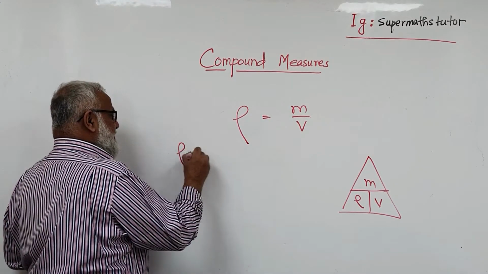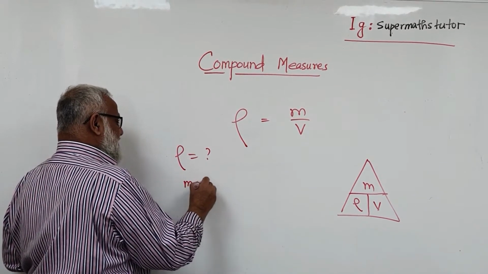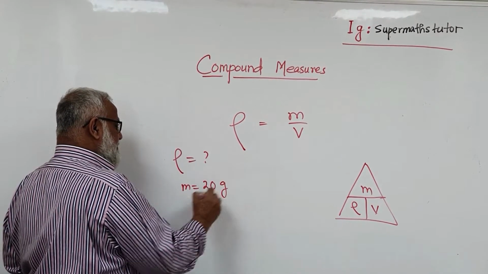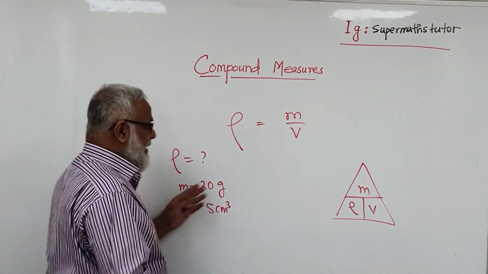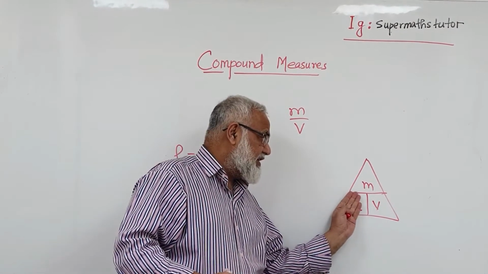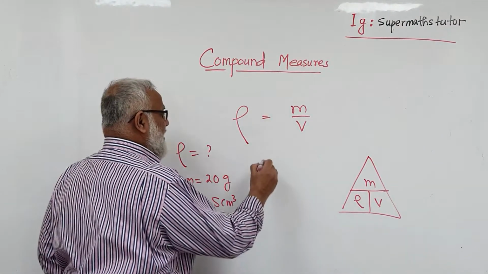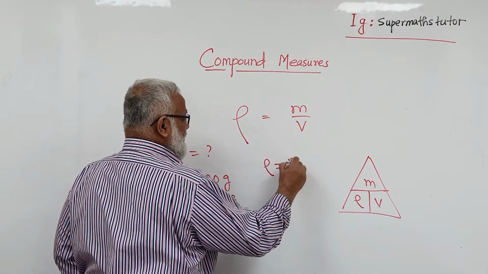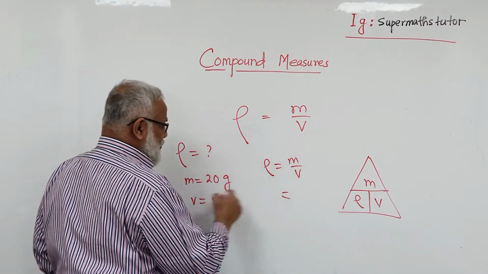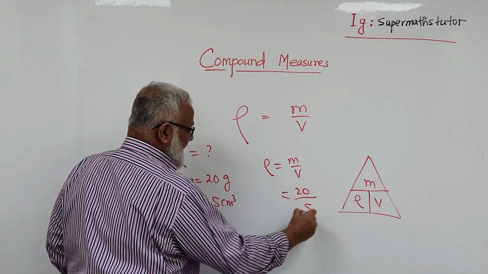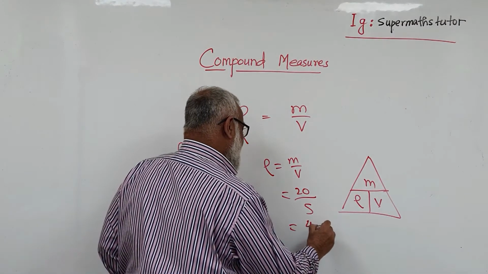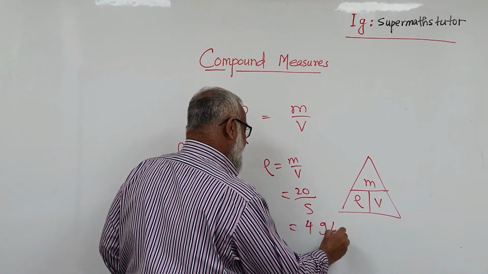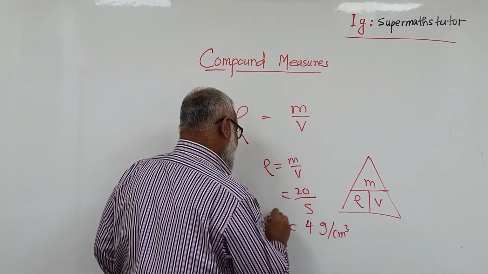Find the density if the mass is 20 gram and volume is 5 cubic centimeter. So I'm asking you the density, you put your finger here. Density is mass over volume. Mass is 20. Volume is 5. How many 5 goes into 20? 4. So 4 gram per cubic centimeter. That is the density.